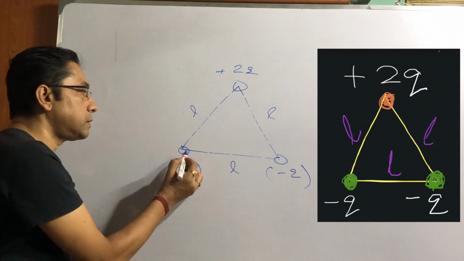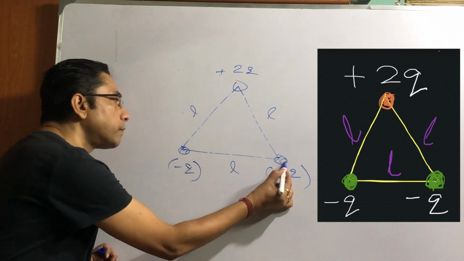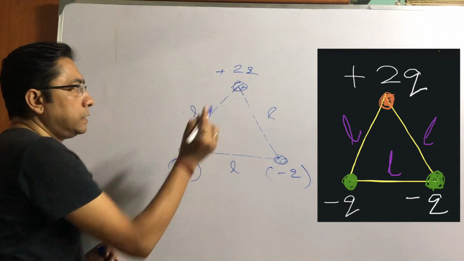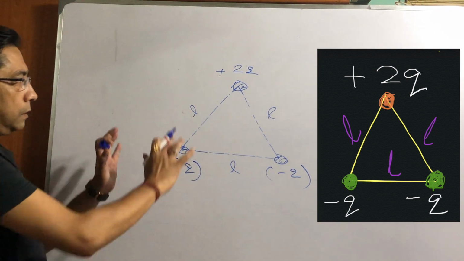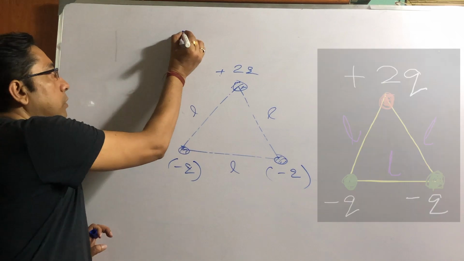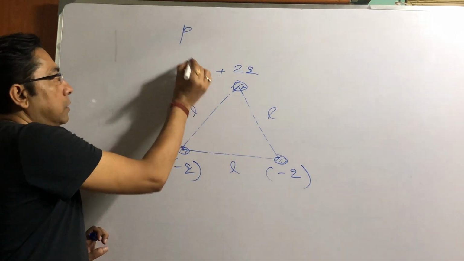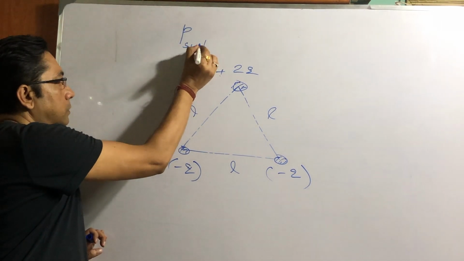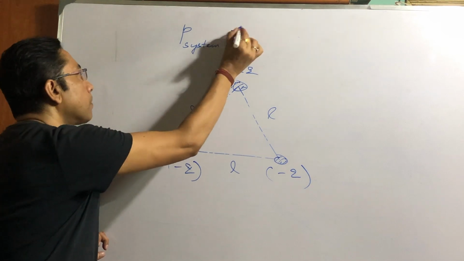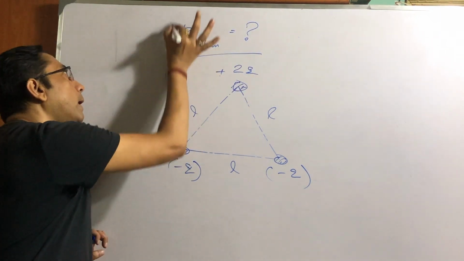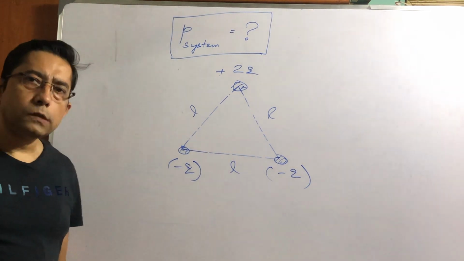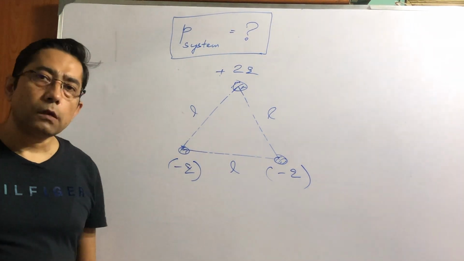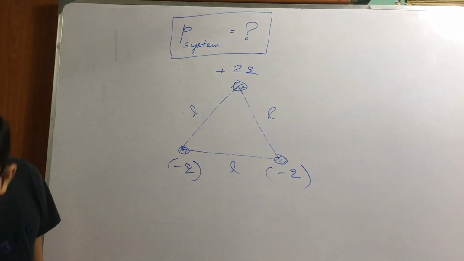Three charges are placed at the three vertices of an equilateral triangle of each side L. You have to calculate the dipole moment of the system of charges. Only magnitude. Pause the video and try to do it by yourself. Then move forward. I'm doing it.